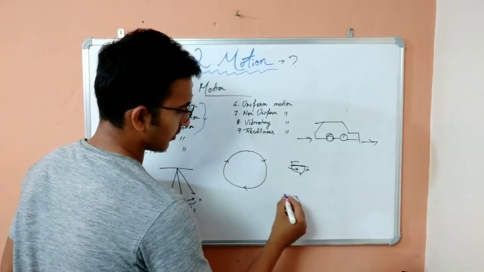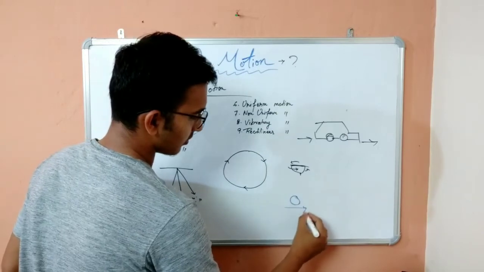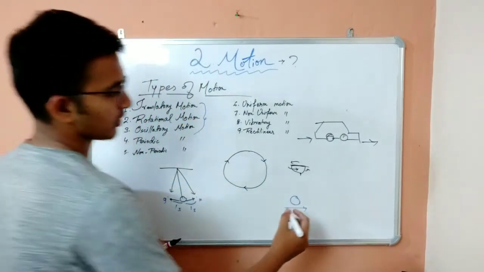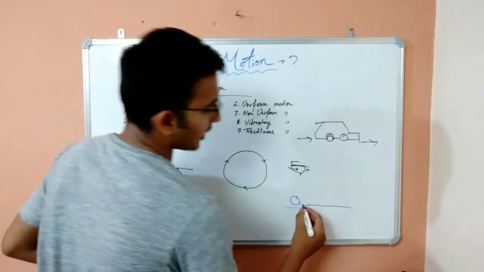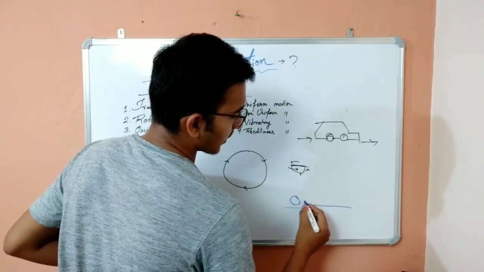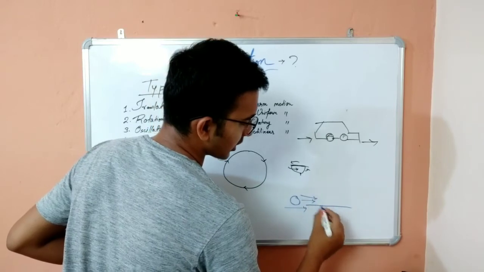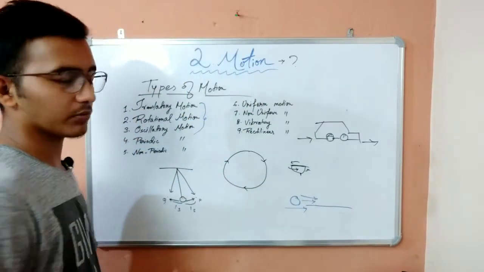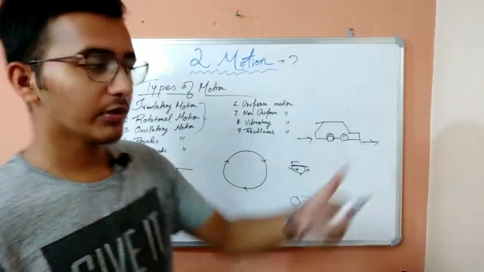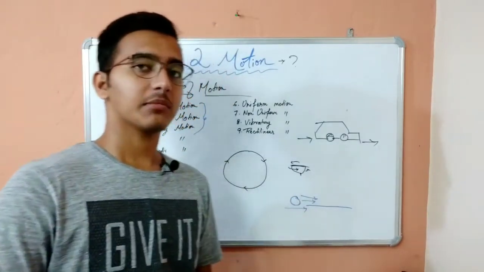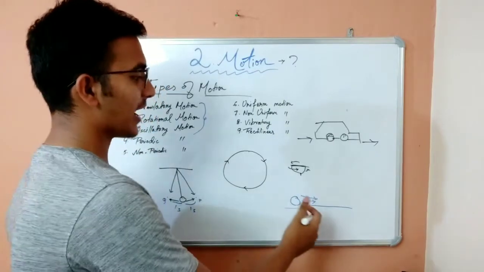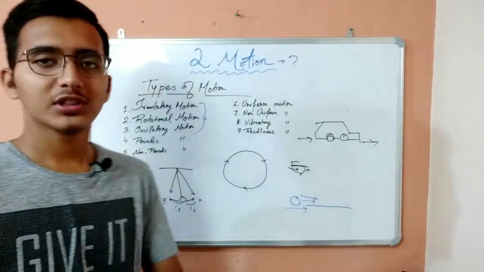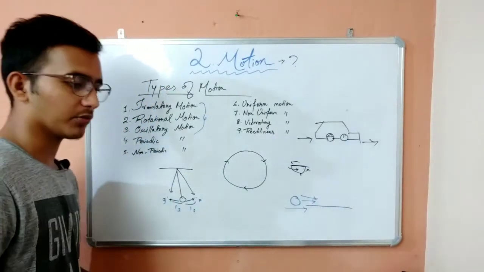When you kick the football, it moves. Eventually the football will slow down, and then again you kick, but this time it won't move as much or the same as it moved before. That kind of motion is called non-periodic motion.